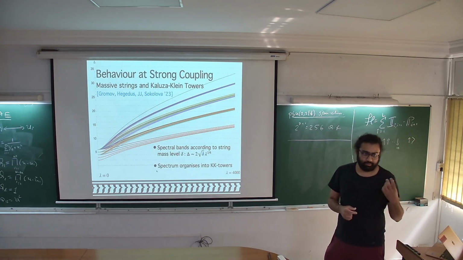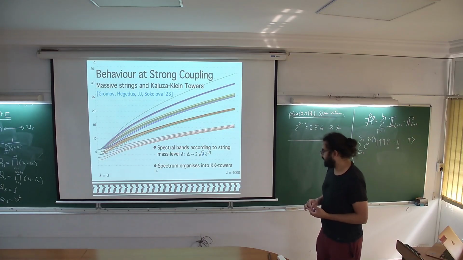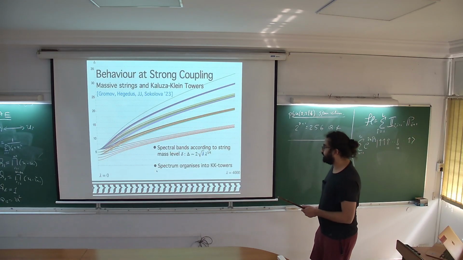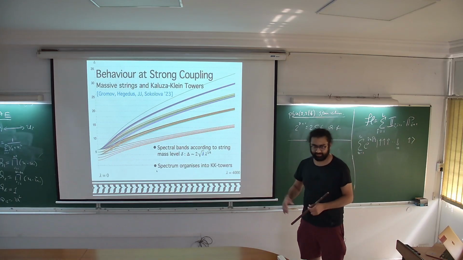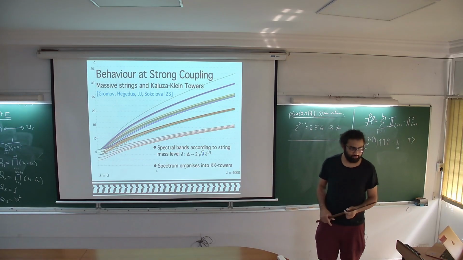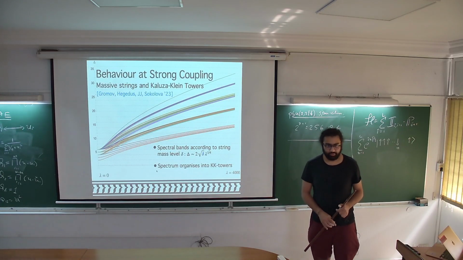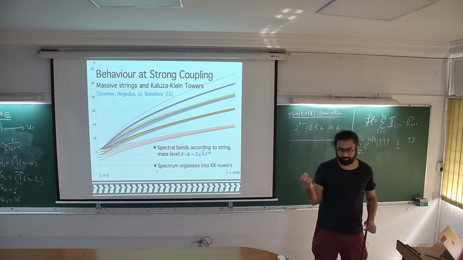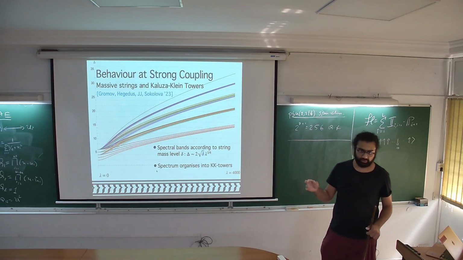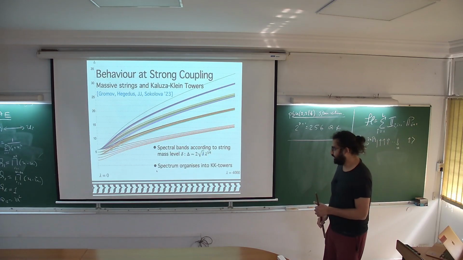And Gubser, Klebanov, Polyakov told us that the spectrum of short massive strings should go like 2 times the square root of some integer times lambda to the 1/4.